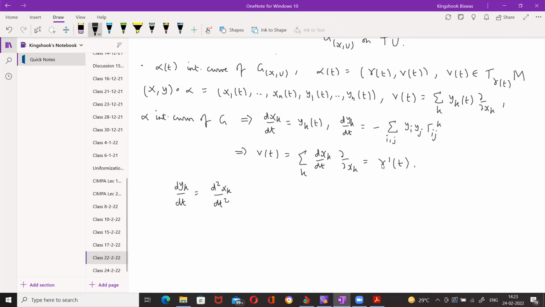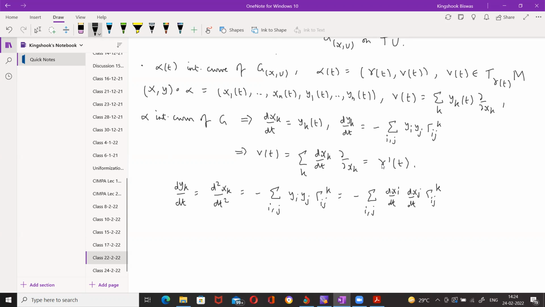And this is equal to minus sum over ij yi yj gamma ij k. And this is equal to minus sum over ij dxi dt, because yi is dxi dt, and similarly dxj dt, gamma ijk, right?